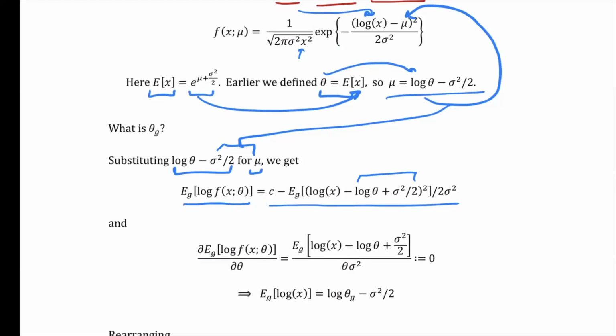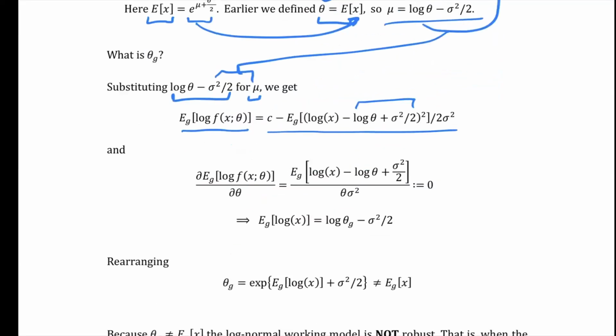Okay, well, I can do a little math, and when I do the math, I get this piece: the expected log x of g is equal to this thing. It's equal to theta g. And then I can solve for theta g, right? And solving for theta g gives me this.